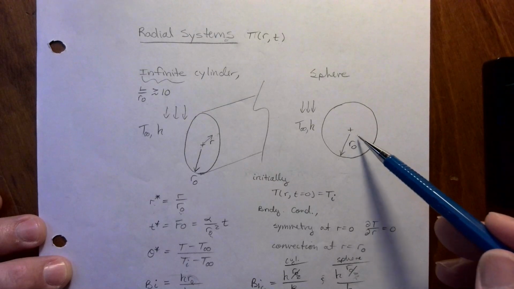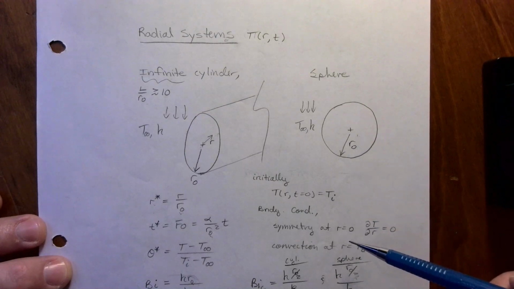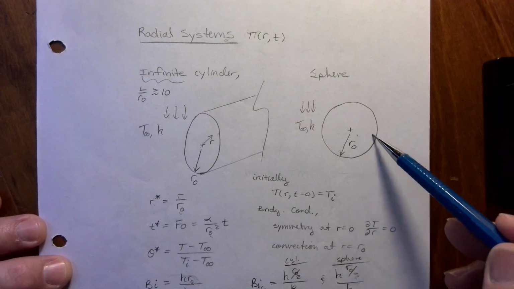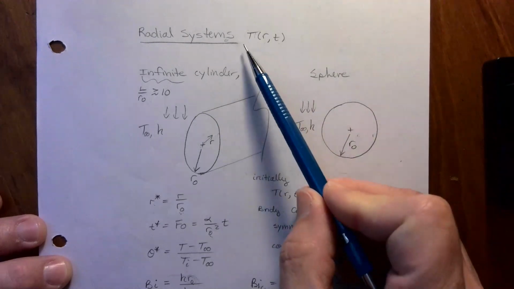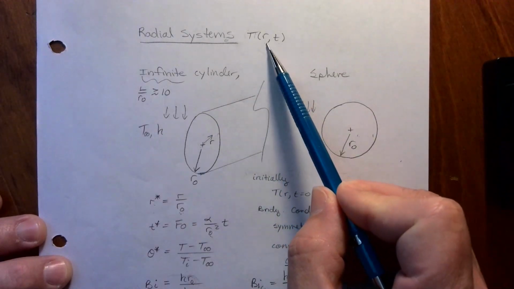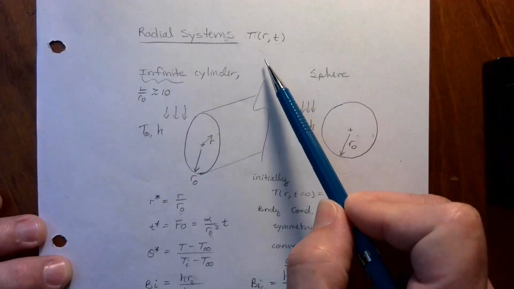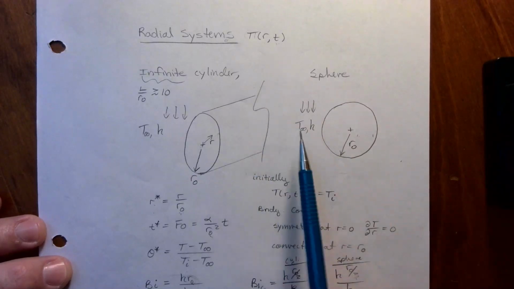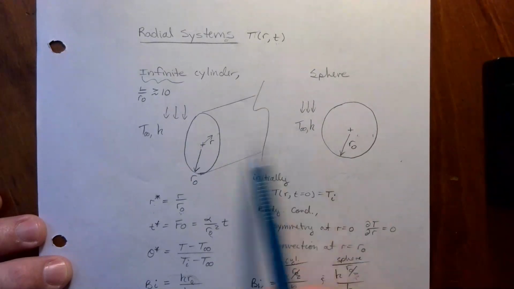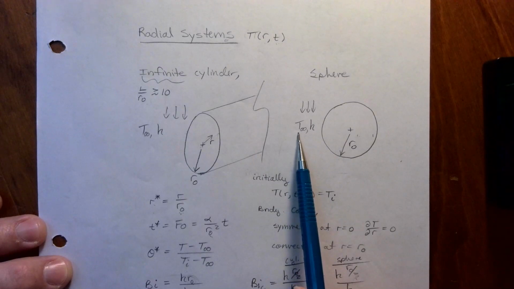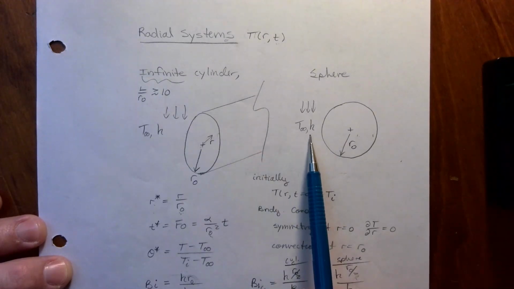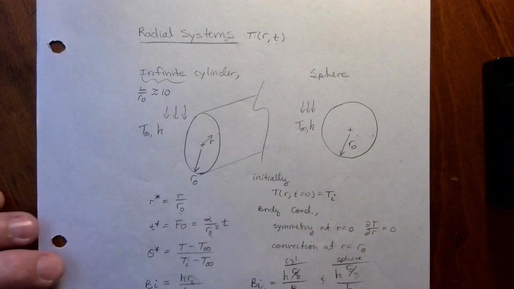There's an r direction as a function of time. So we're looking for T now as a function of r and time rather than x and time. And we'll have two different solutions to consider separately, but the scales for the problem are the same whether you're dealing with an infinite cylinder or a sphere. It's just a different solution.